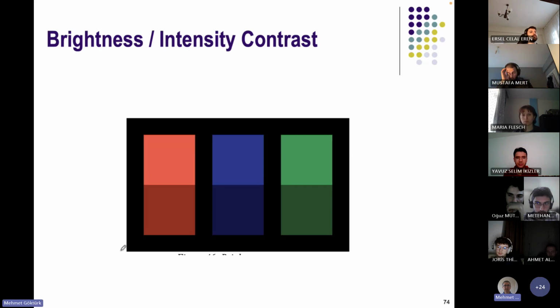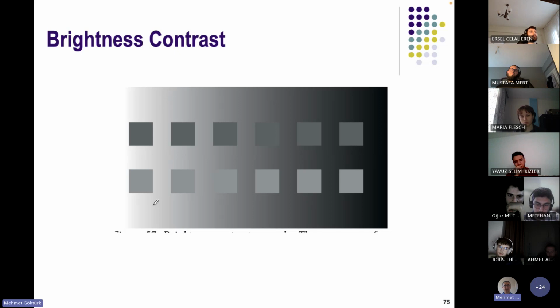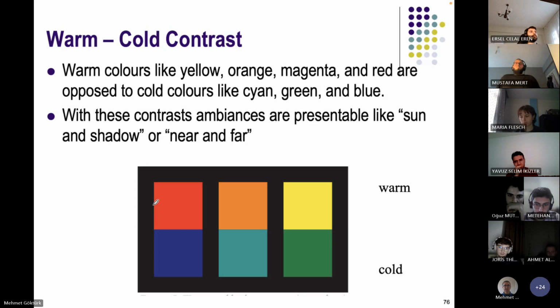This is an example of the intensity contrast. Same color, but different levels of illumination. Same color, different levels of illumination in gray. Depending on the interface, you may need warm-cold correlation. So warm versus cold, warm versus cold, warm versus cold.